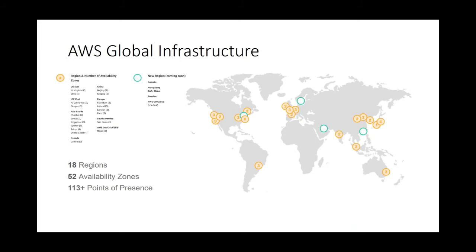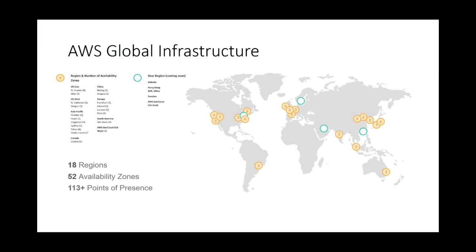Within India, we have several other locations apart from Mumbai where points of presence exist and can be leveraged with the content delivery network, the DNS service, or Direct Connect, where you can have point-to-point connectivity with your own data center.